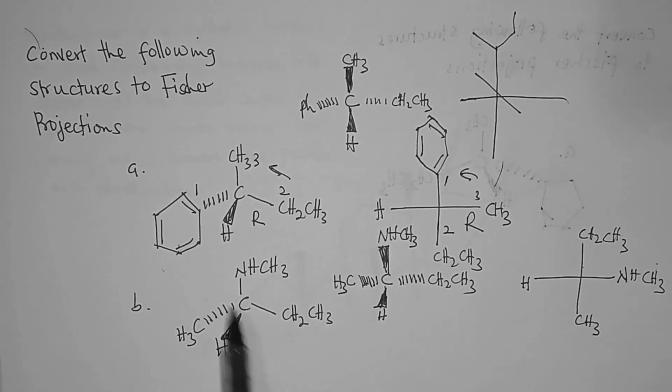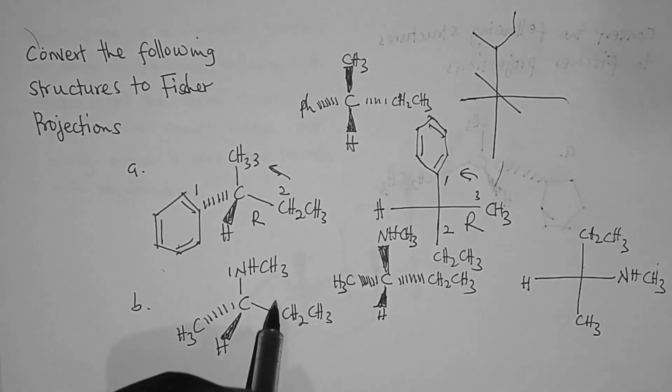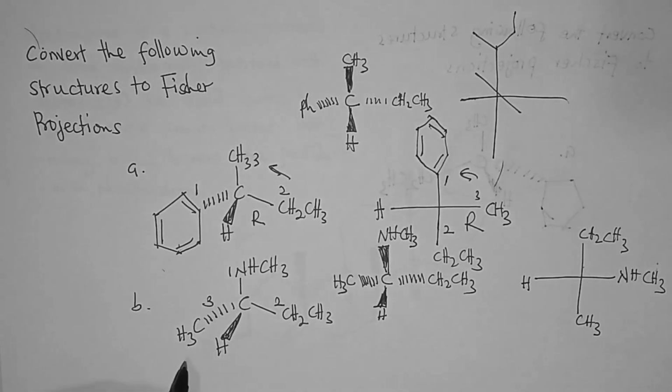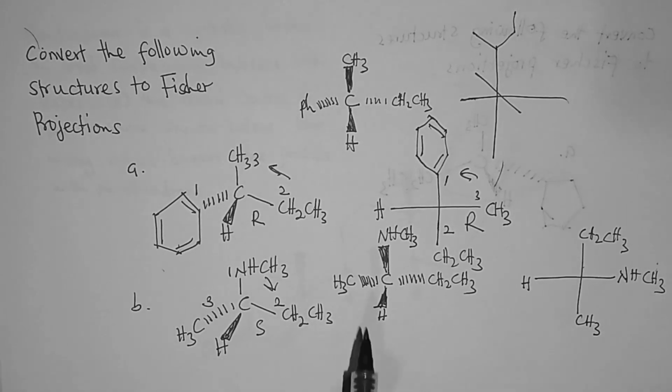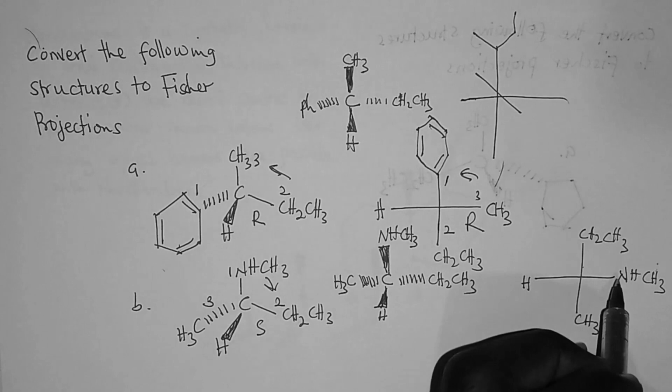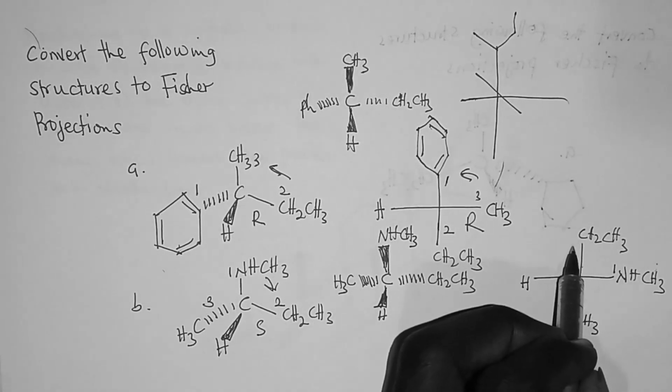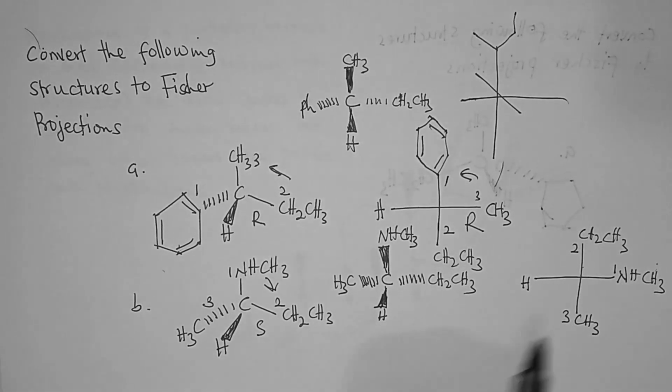So let's determine the configuration on this molecule. This is 1, this is 2, and this is 3. The proton is pointing towards us. It is going this way. So this is an S molecule. Let's determine the configuration over here. This is 1, this is 2, and this is 3.